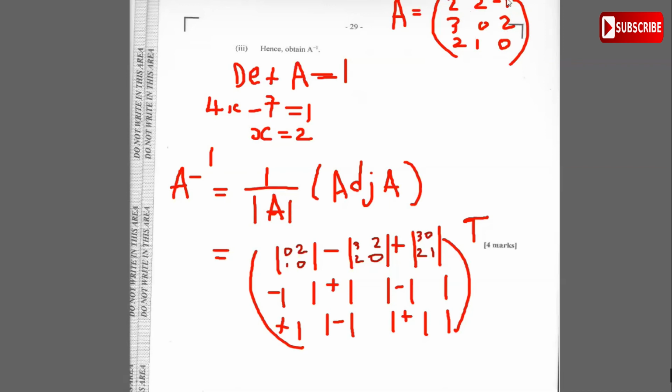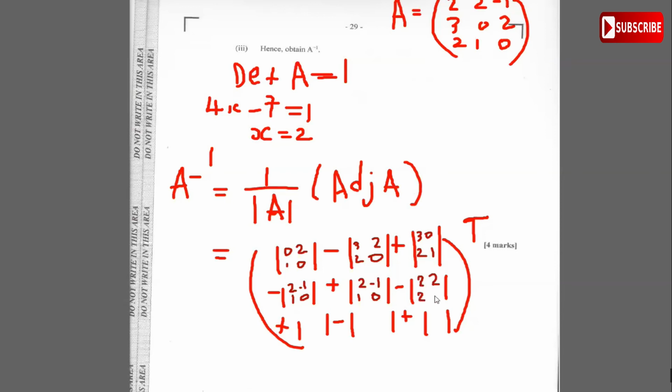Cross here, we're going to get 2 minus 1, 1, 0. For this one now, it's going to be cross here, 2 minus 1, 2, 0. That's 2 minus 1, 1, 0. All right, going for the final one here, it's going to be cross here, it's 2, 2, 2, 1.